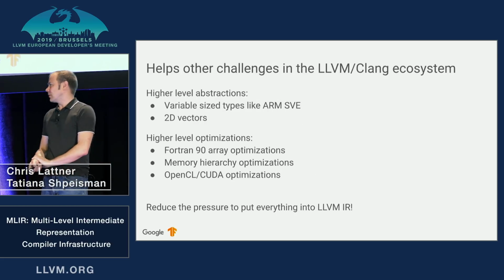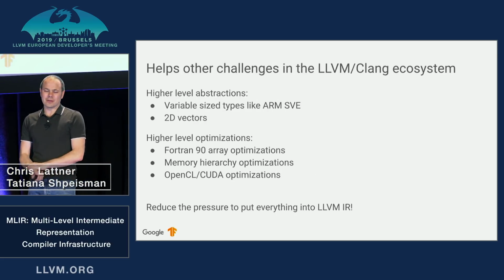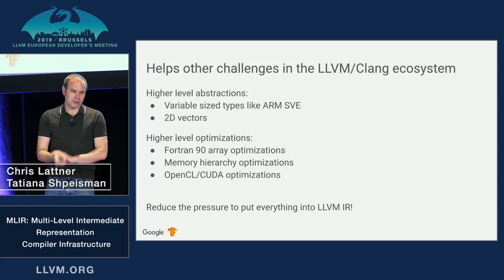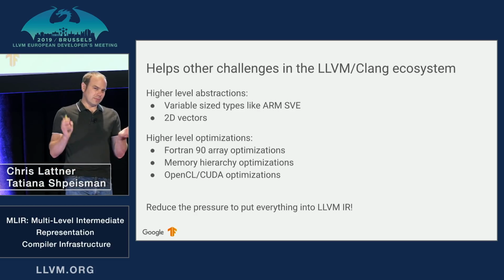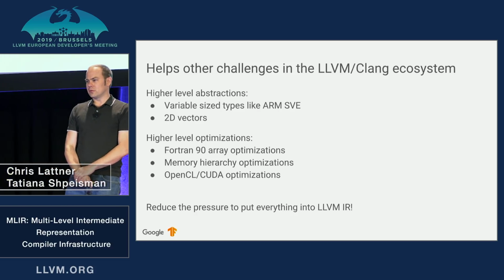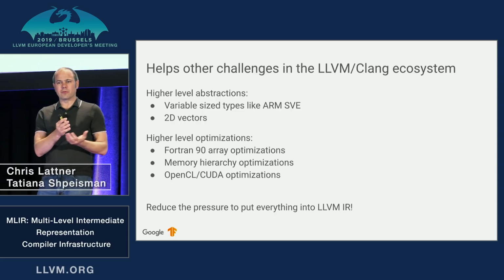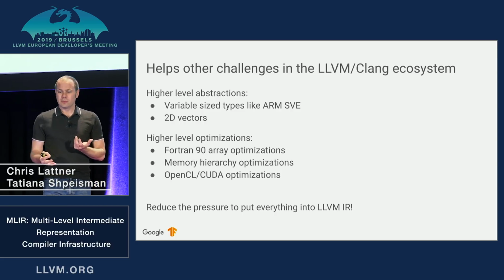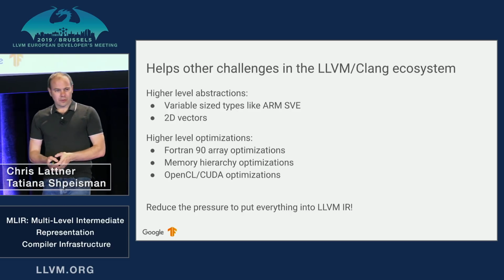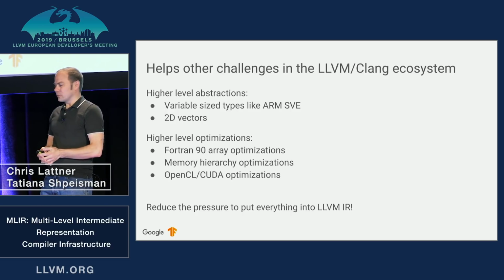But there's also lots of other things going on. Like it frustrates me that the ARM community is struggling with getting scalable vectors into LLVM because LLVM really doesn't like variable size types. Well, obviously that's no problem for us, and representing something in a first-class way and then lowering to what LLVM is good for would be a very natural thing to do. Other folks in the LLVM community are trying to get two-dimensional vectors.